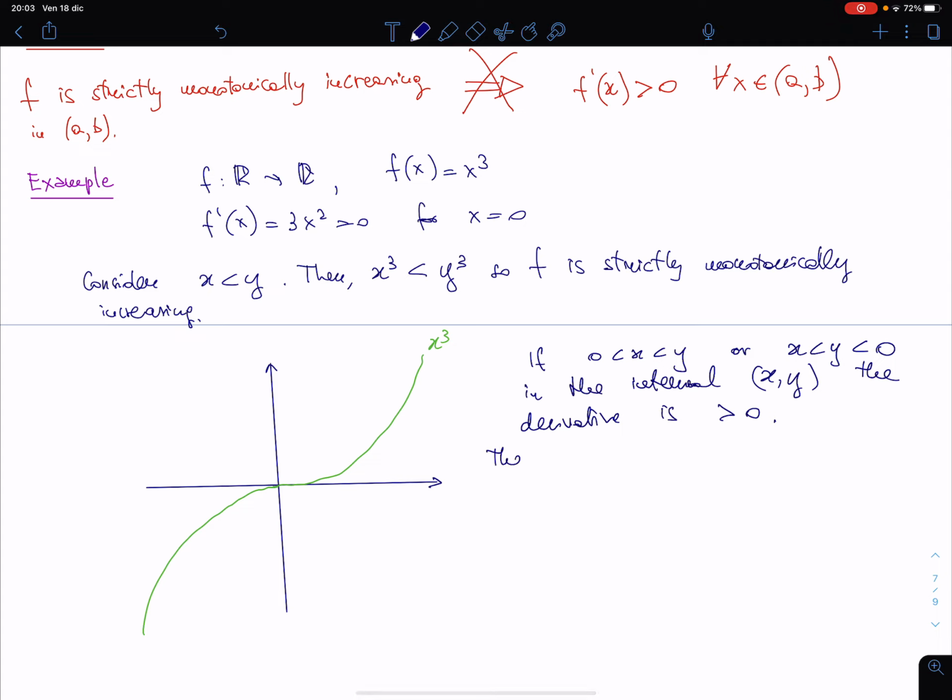Then, for the previous theorem, point 2, we have x cubed less than y cubed.